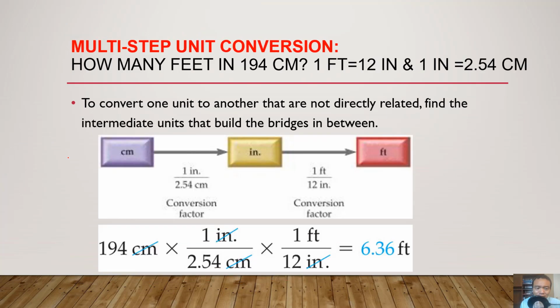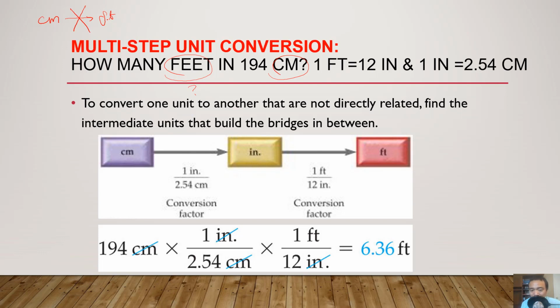What if two units are not directly related? For example, how do you convert centimeter to feet? If the information is not provided, you ask, what is the relationship between centimeter and foot? You don't have the direct relationship, which means you cannot convert this in one step.